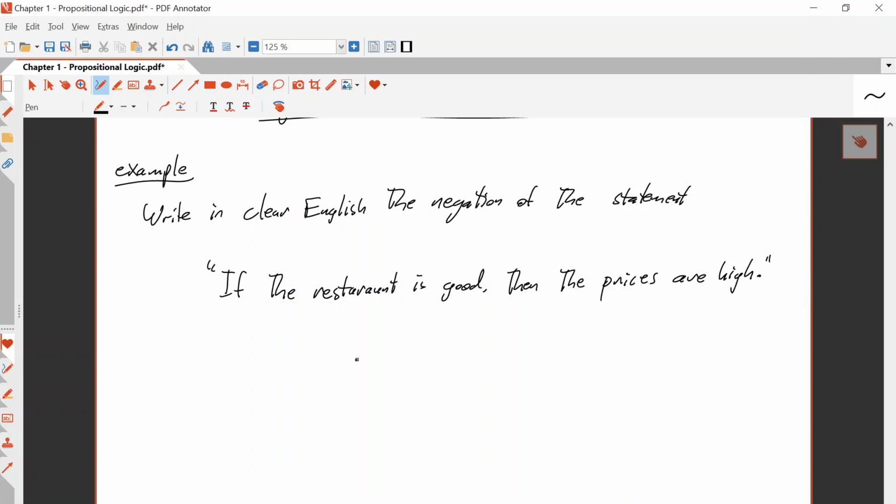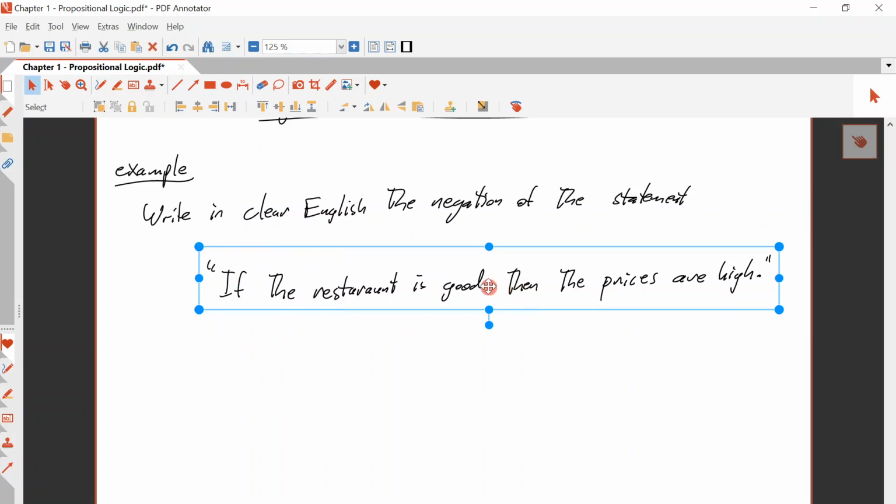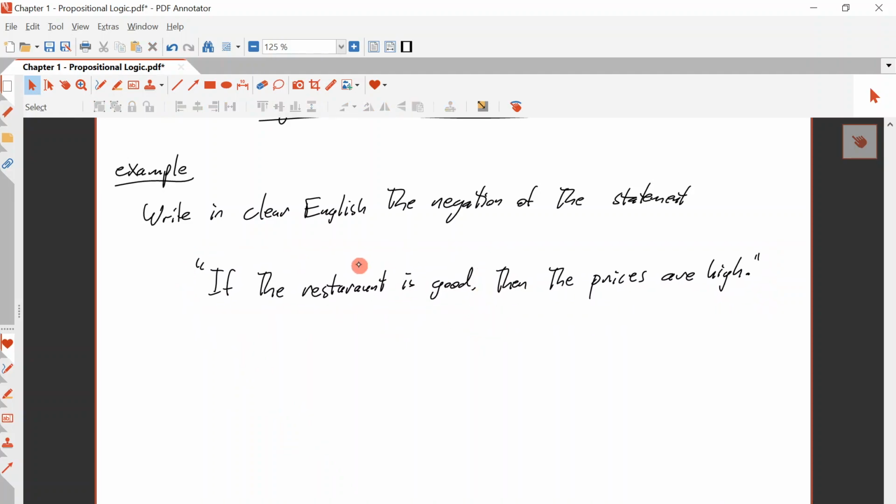I want to write the negation of that in English. Now, in other words, write down the English language statement that has the exact opposite truth value of this. In other words, if this statement is true, write down the statement that's false when this is true, and true when this is false. Okay, it has the exact opposite truth value.